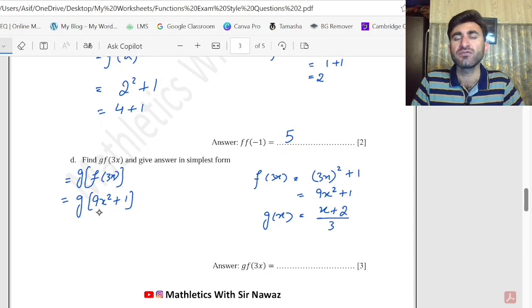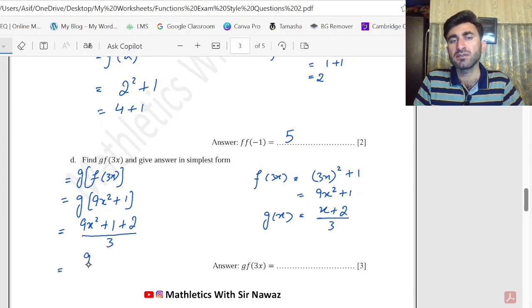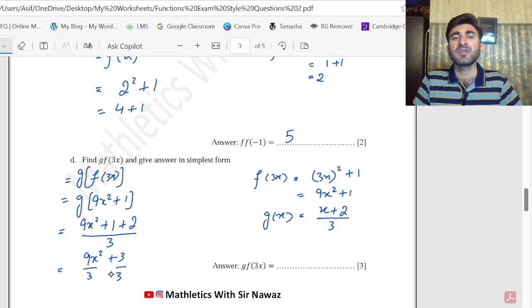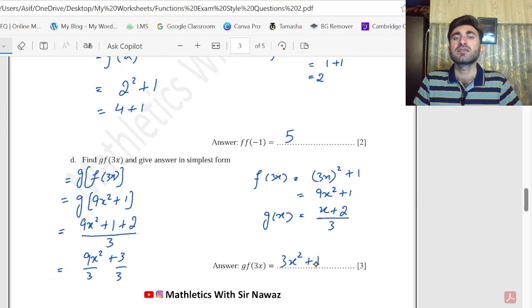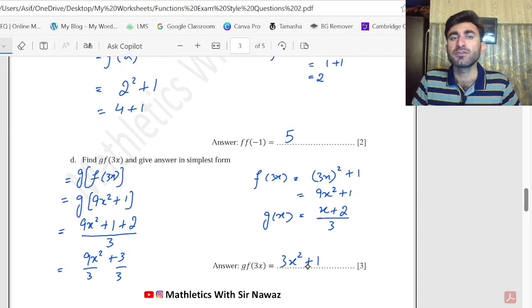Here the expression in function g is 9x square plus 1, so x will be replaced with 9x square plus 1, then there is a plus 2 and divided by 3, so it becomes (9x square plus 3) divided by 3. I can split it into two fractions, keeping 3 as the denominator of both, so it will become 3x square plus 1. So that is the simplest form of the composition gf of 3x.